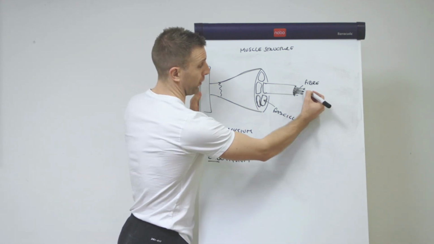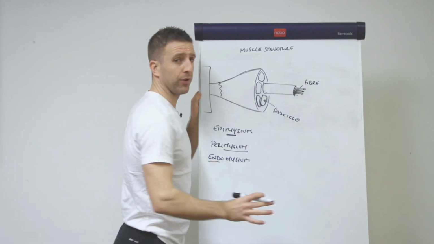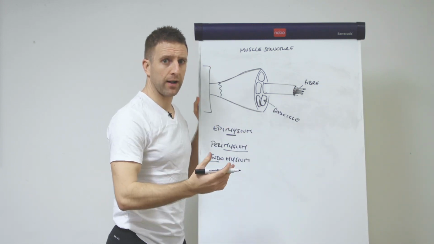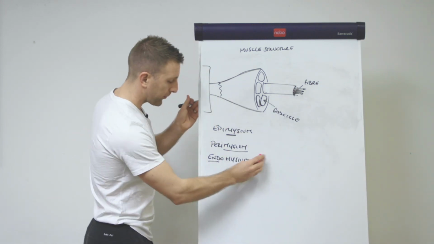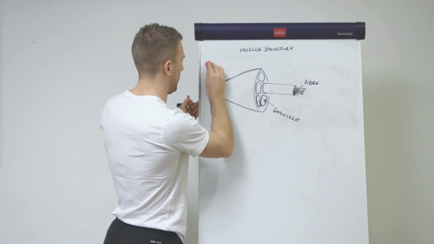So what we're really focused on is taking out one of these muscle fibres and having a look at it under the magnifying glass. Okay, so if I do that, let's have a little look.